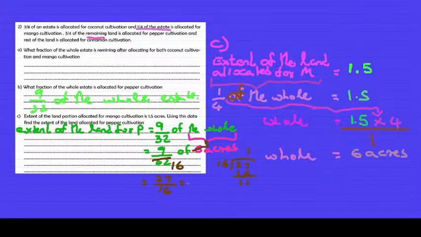So that is 1 and 11 over 16 acres. So the extent of land allocated for pepper is 1 acre and 11 over 16 acres altogether. This is one way of doing question C.